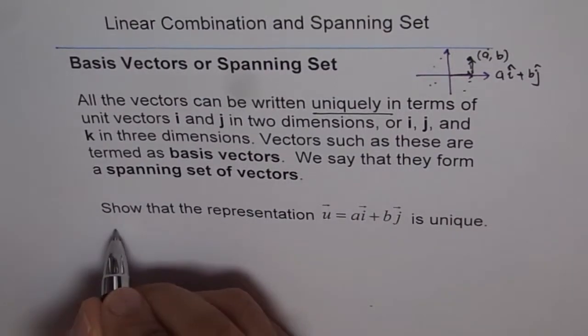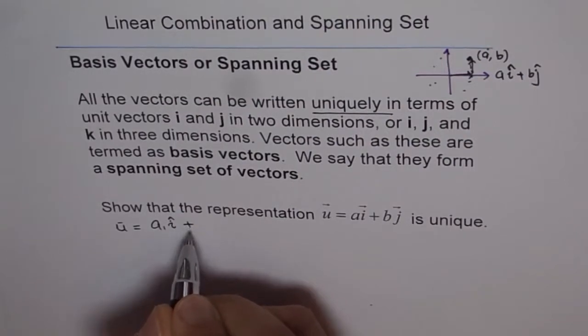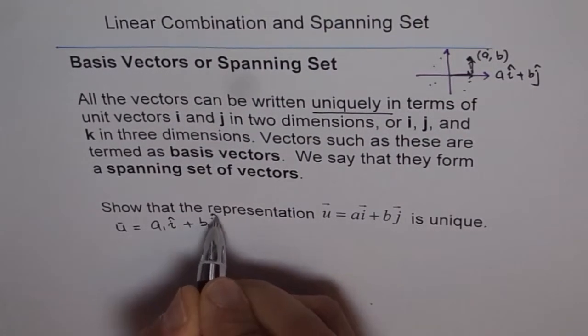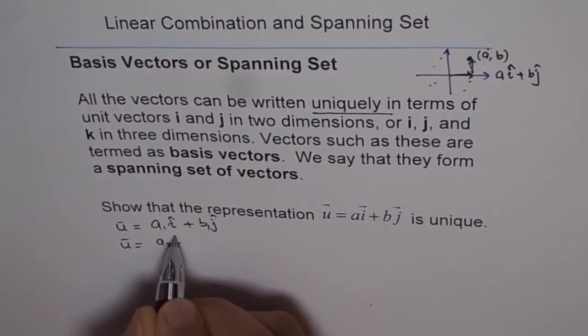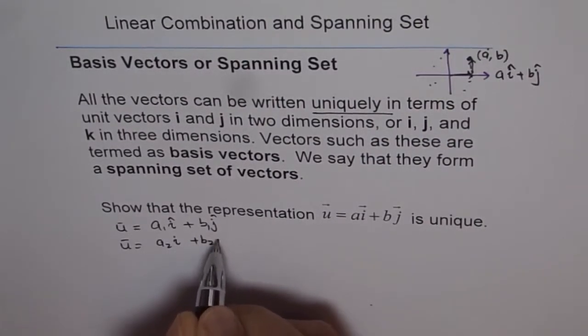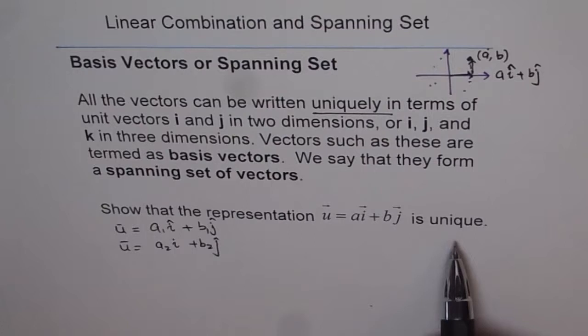So let u be equal to a1i plus b1j and also equal to a2i plus b2j.